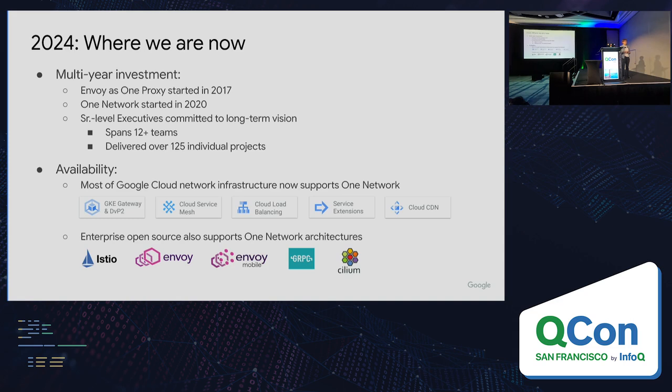One Network started in 2020, and our senior level executives committed to a long-term vision. The effort spans more than 12 teams, and we so far delivered 125 individual projects. So the majority of Google Cloud Network infrastructure supports One Network, and because it's all open source based, other open source systems are available to be plugged in there.